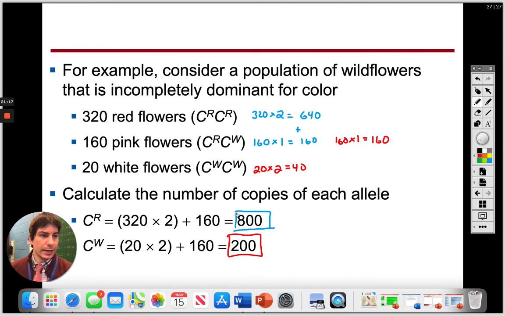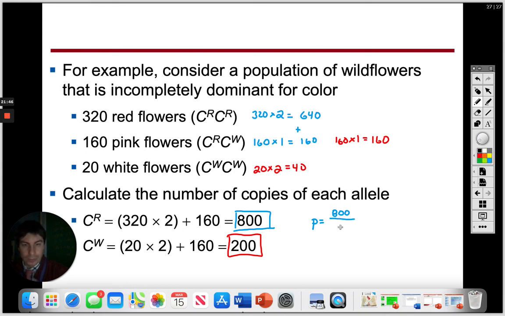Okay. Now, if we wanted to calculate the frequency, and they do it on the next page, but I'm just going to do it here because I think it's a little bit easier on this page. I'm almost done, guys, so I'm not even going to put the lights back on. If we want to do the dominant allele, which, if you remember, is called P, our frequency of it would be 800 divided by our total number of alleles.